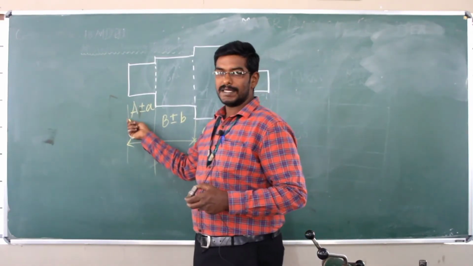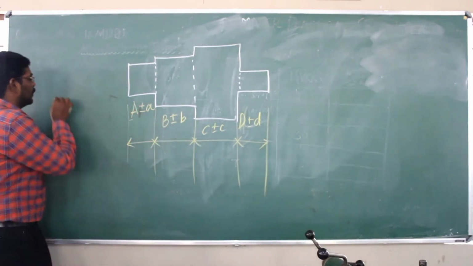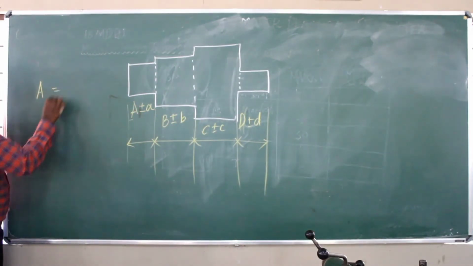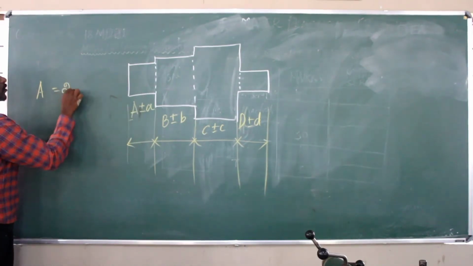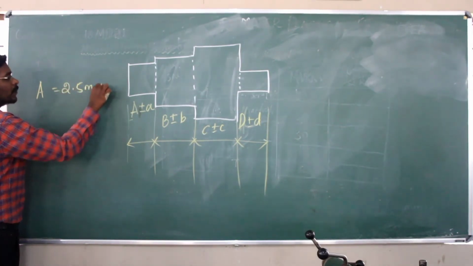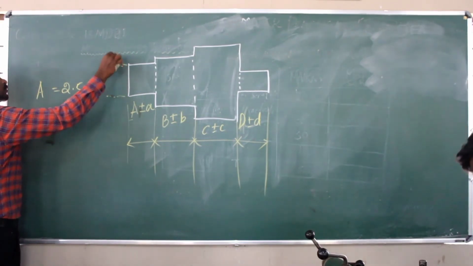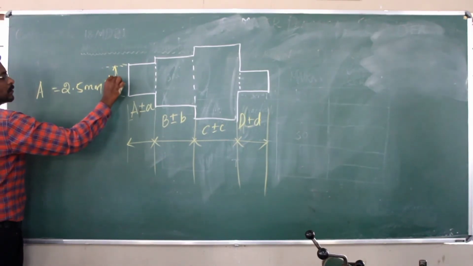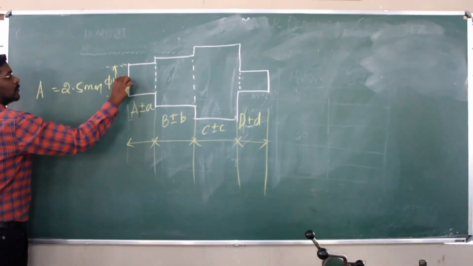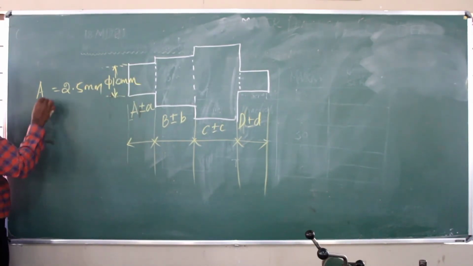The capital A stands for the actual dimension. So we can keep the length from here to here as 2.5 mm, and we can keep this dia as 10 mm.